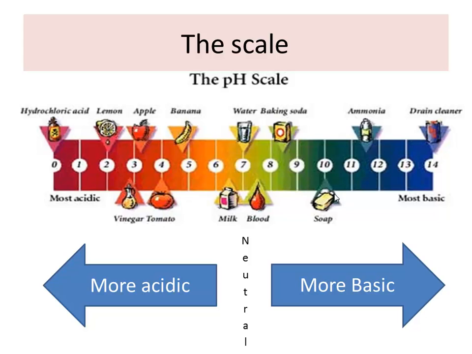Things like soap are mildly basic, and drain cleaner, or lye, L-Y-E, is very basic. Apples are pretty acidic. Vinegar is an acid. Lemon juice is fairly acidic. Hydrochloric acid is very acidic, if it's concentrated enough. All right. Neutral in the middle.